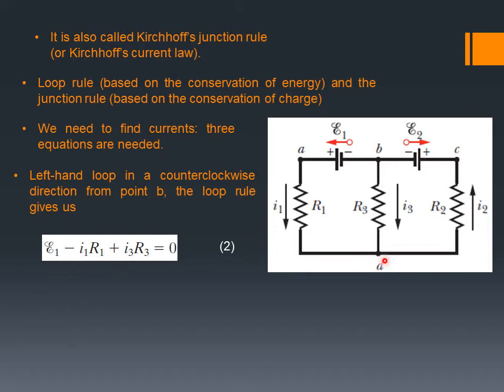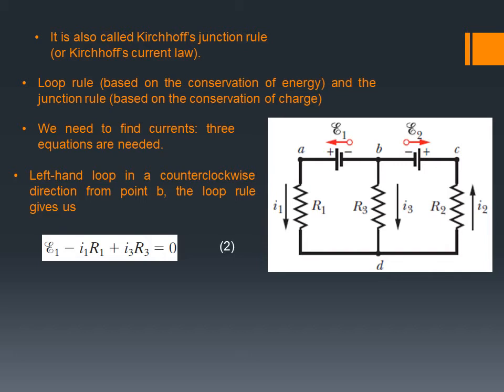And then when you travel through R3, you move opposite to the direction of I3. So here the voltage doesn't drop, rather it is added. So we write EMF1 minus I1 R1 plus I3 R3 is equal to 0. This is equation number 2.